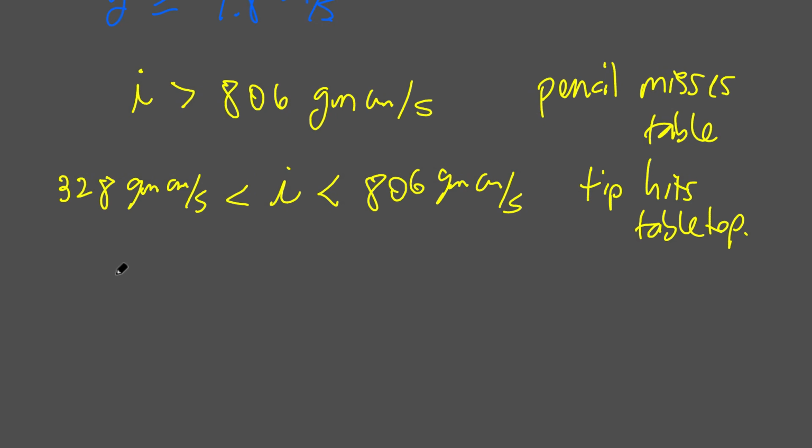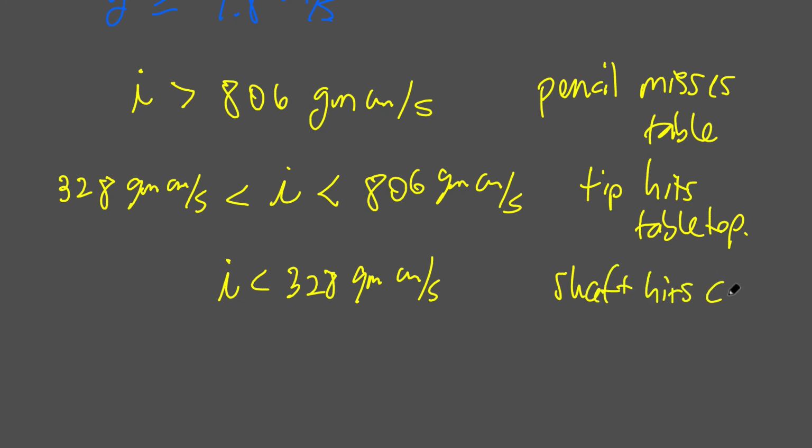And finally, for an impulse less than 328 gram centimeters per second, the shaft hits the table corner. So there you have it, the complete solution to the question: will the falling pencil hit the table?